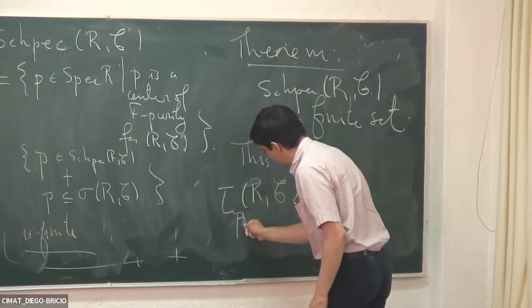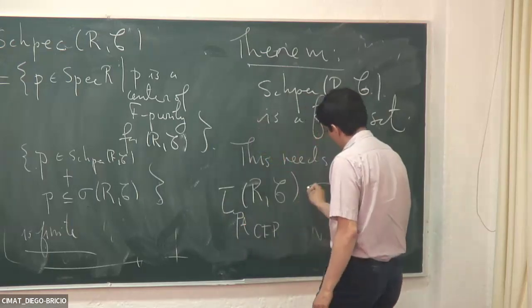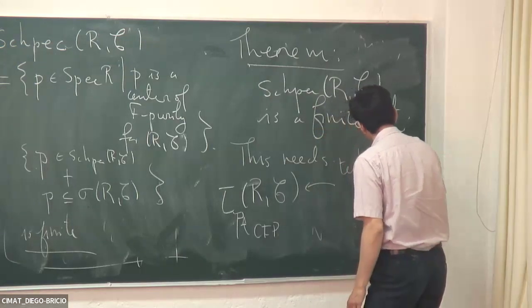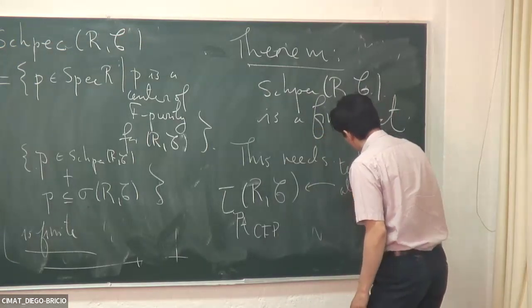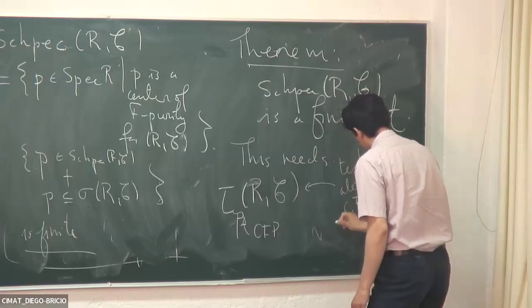So this is a center of purity. These are the so-called test ideals along a center of purity.